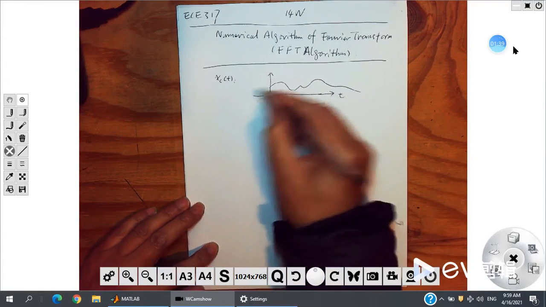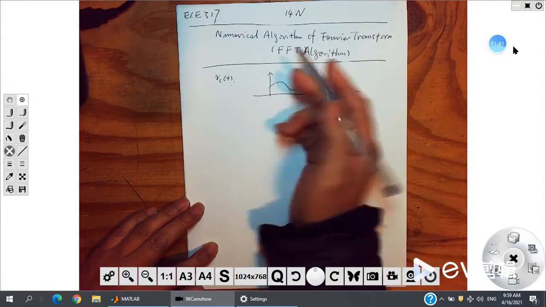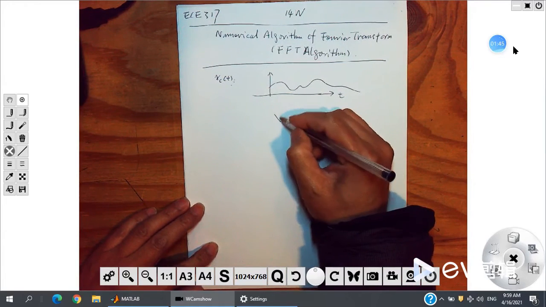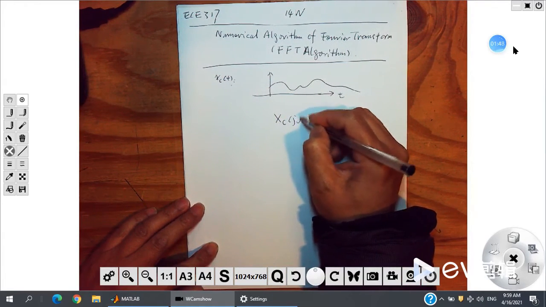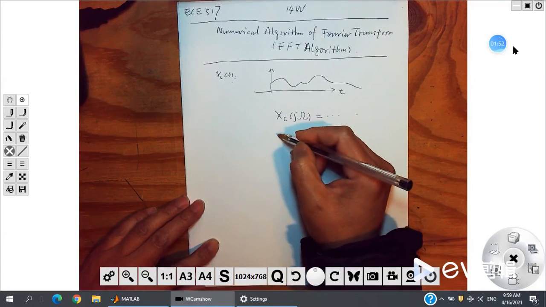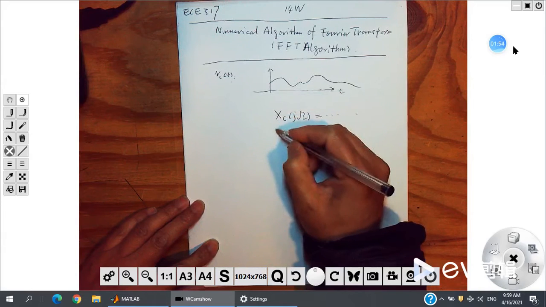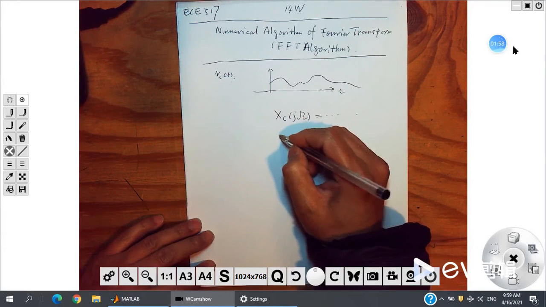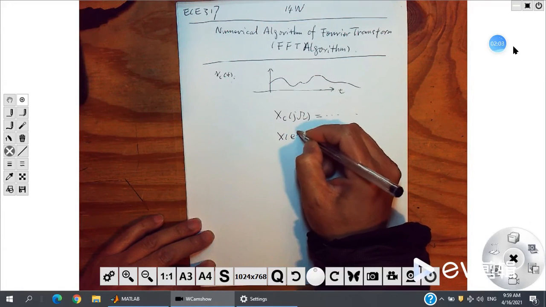Then how to calculate this? By definition you have the continuous time Fourier transform. You can also take samples, and those samples give a discrete time signal x of n equal to xc of nT, and then you have X of e to the j omega.